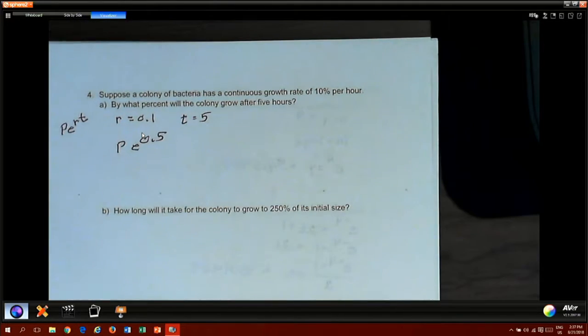Well, P is just the preliminary amount. We don't have a preliminary amount. We just want to know by how much it is going to grow in 5 hours.